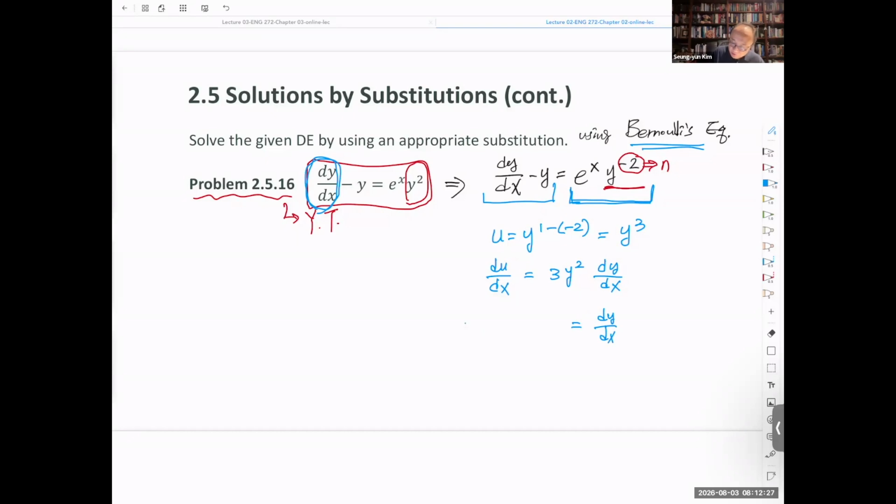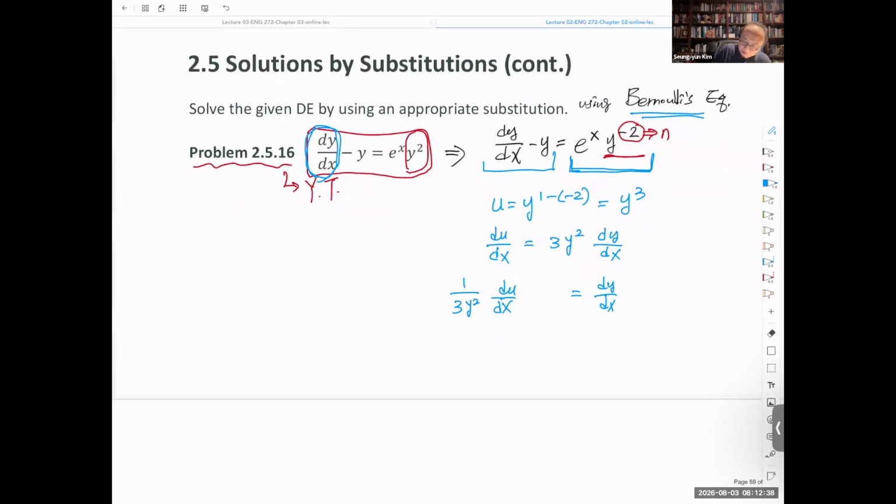That means you need to divide both sides, so dy over dx equals 1 over 3y squared du over dx. And then you put it back into the original equation, then we have 1 over 3y squared du over dx minus y equals e to the x y squared.